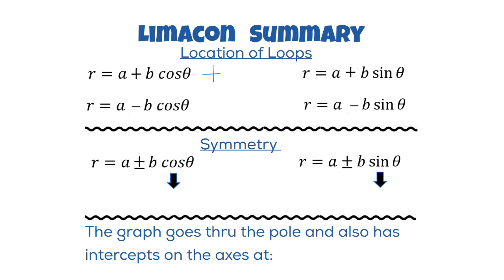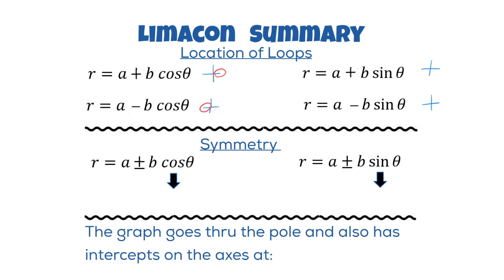So I'm just going to do a quick little axes here. I don't know if that's the easiest way or not. But if you had a plus with a cosine, then the big loop, and I'm just going to draw it over here as like a big circle, was always over there to the right. Versus if it was a cosine with a minus, then it was over here on the left side of it. If we had sine, then the big loop was up and down.